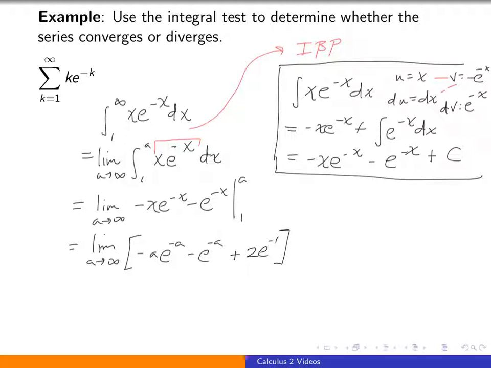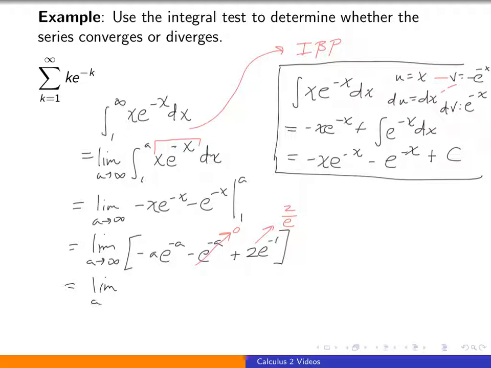And now when we take the limit as a approaches infinity, note that for this e to the minus a term, that is going to go to 0. The 2e to the minus 1, that's a constant, so it's just going to go to that constant, and we'll write that as 2 over e. Now this remaining first part, minus a over e to the minus a, I'm going to rewrite this slightly.